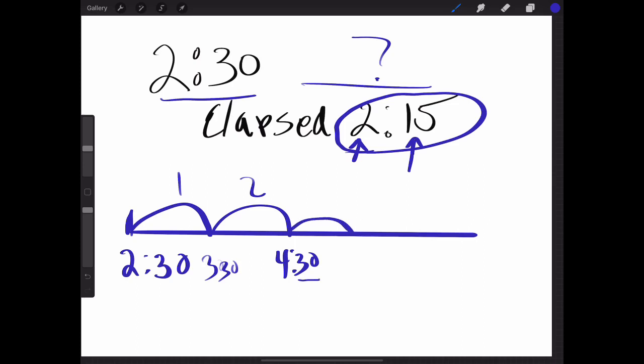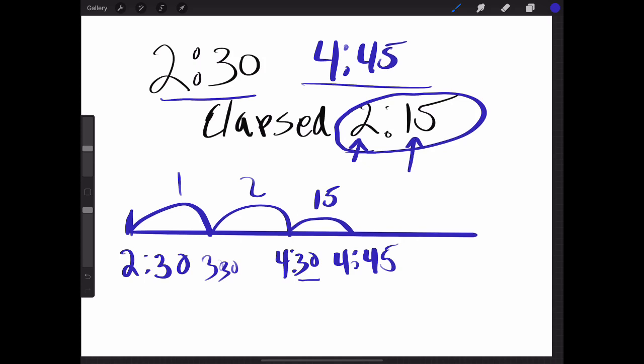If I jump up 15 minutes, that's going to end up being 4 still, but we're only going to add 15 to 30. 15 plus 30 is 45. So our ending time is 4:45.